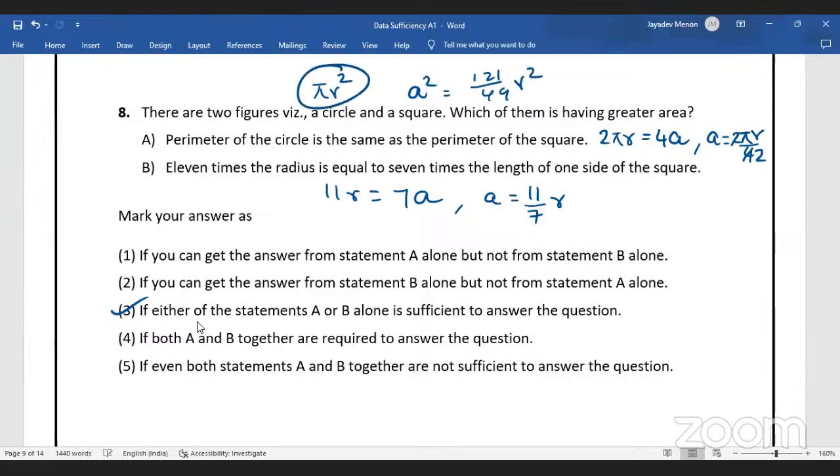So again, we have pi r square here, and we have 121 by 49 r square. So we can identify which quantity is greater. So by using statement B also, the question can be answered. Therefore, option 3. Either of the statements A or B alone is sufficient to answer the question.